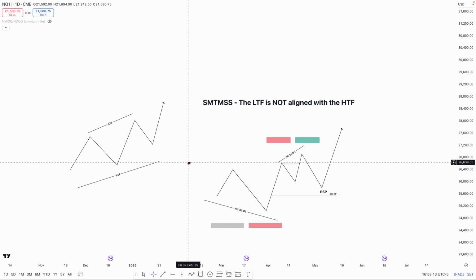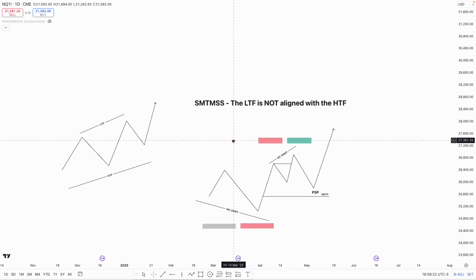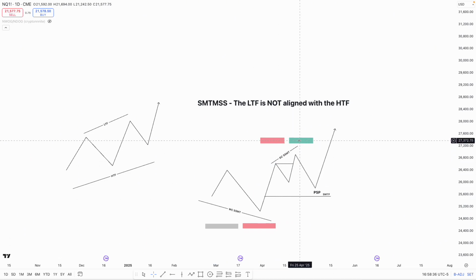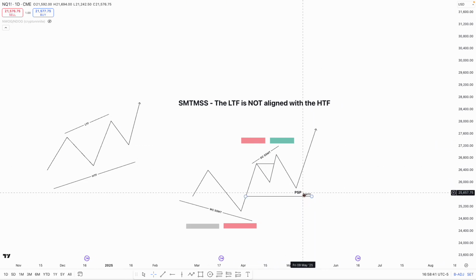So to recap, SMT market structure shift is when the lower time frame is not aligned with the higher time frame. So it may look like this example here, where we have a weekly cycle sequential SMT giving us that bullish bias, and we have a sequential SMT on a lower time frame cycle giving a retracement where we ultimately move higher because of the higher time frame sequential SMT.